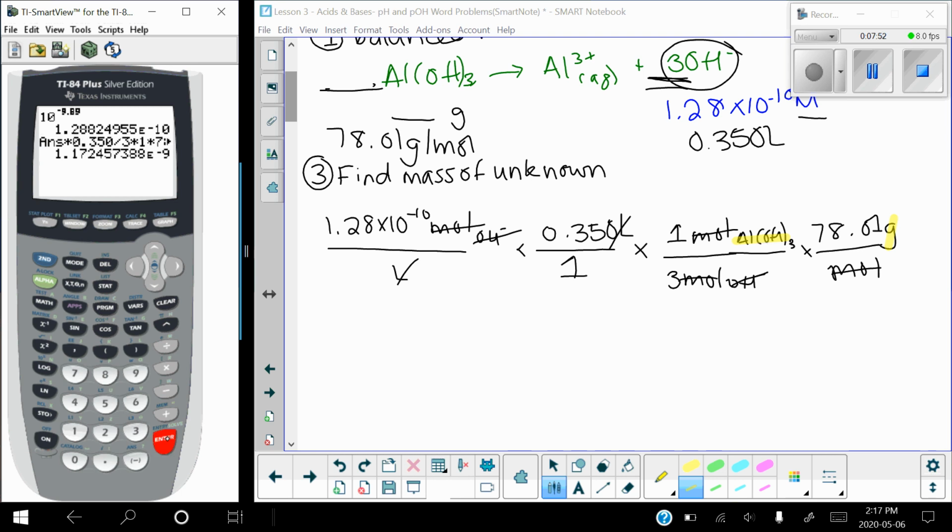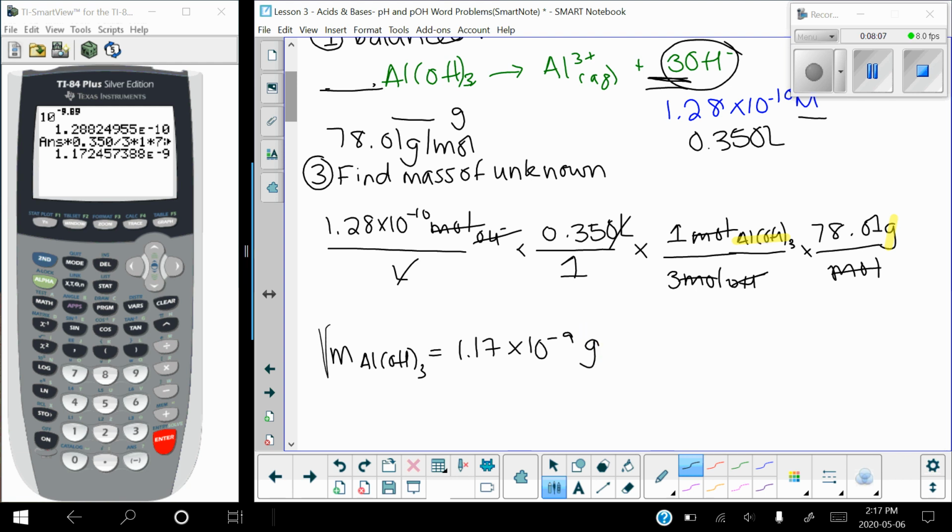And there is our mass. So the mass of aluminum hydroxide is equal to 1.17 times 10 to the negative 9 grams. There is your final answer.